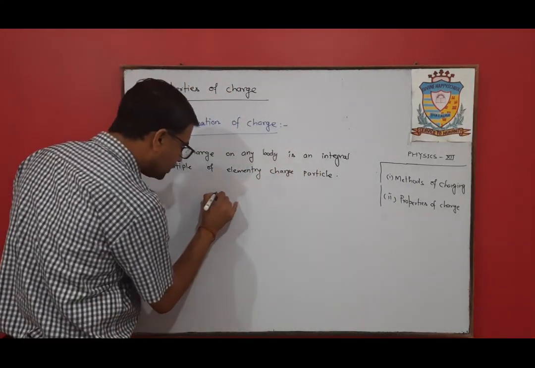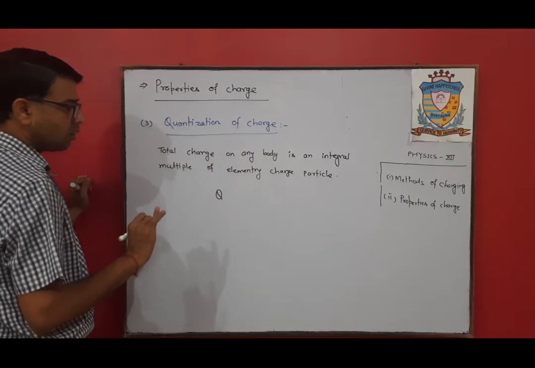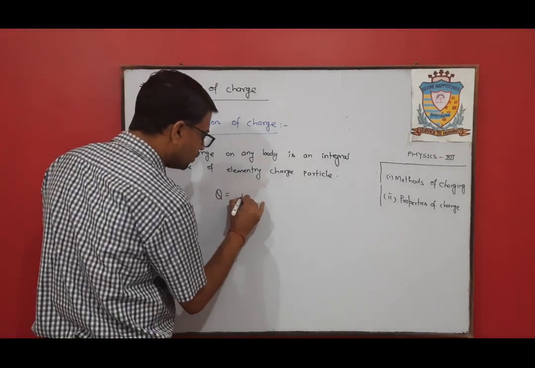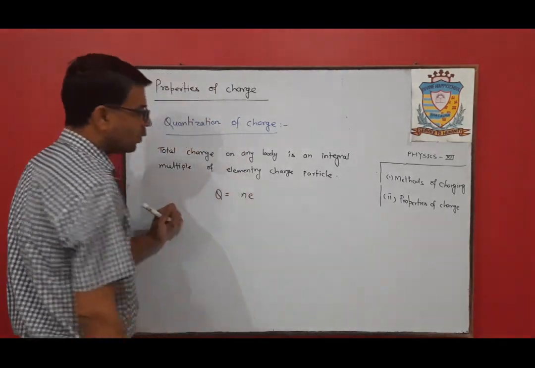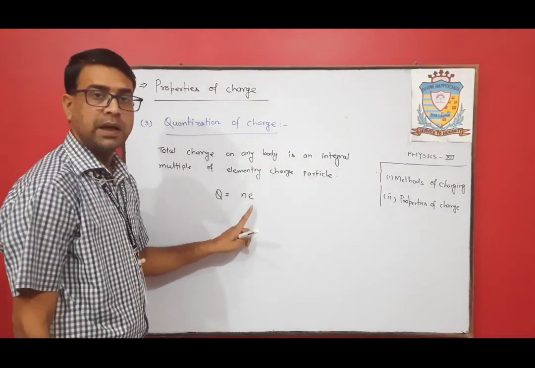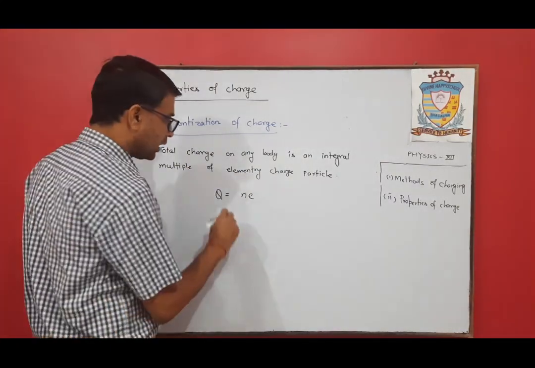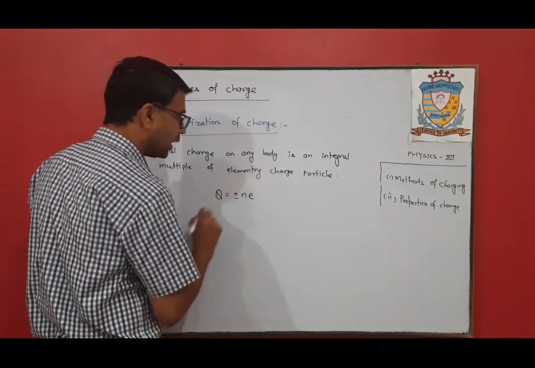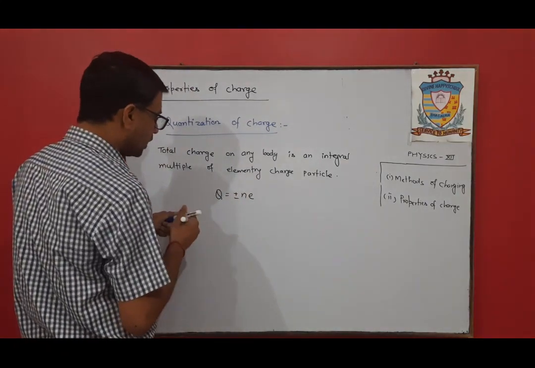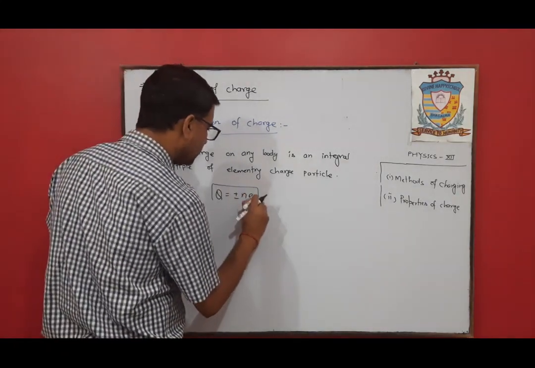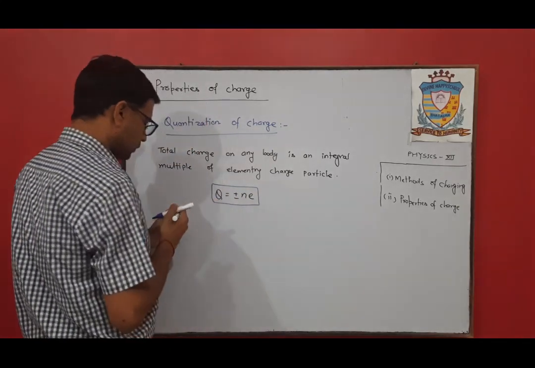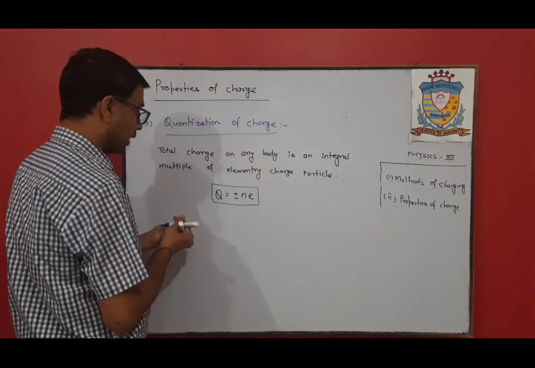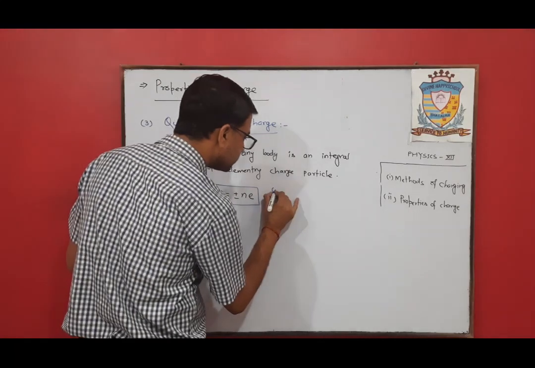That means this Q, the total charge on any body, is equal to n times e, where n is any integer and e is the elementary charge particle. It may be positive or negative. Clear? So the total charge on any body is an integral multiple of the elementary charge particle.